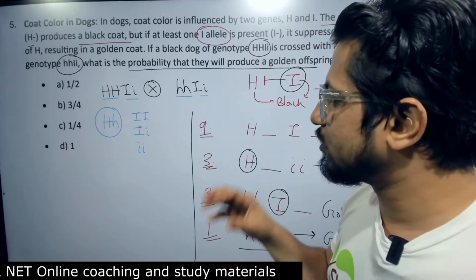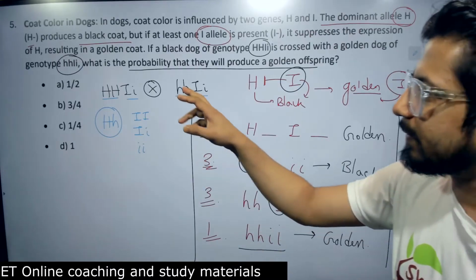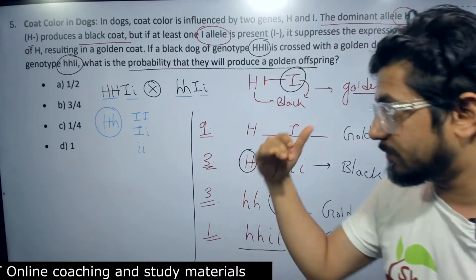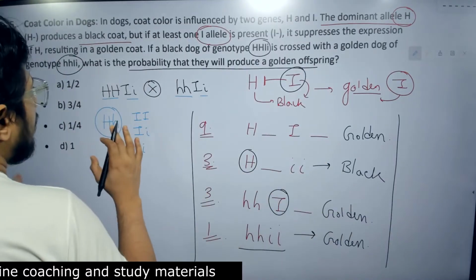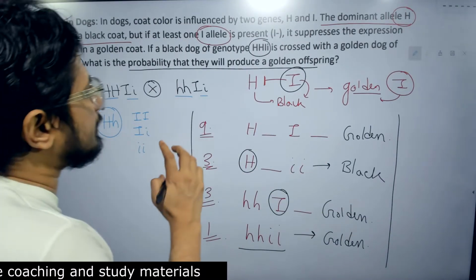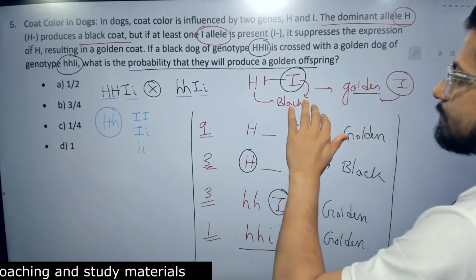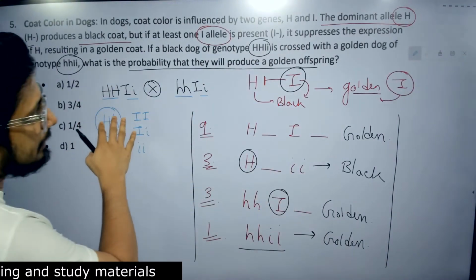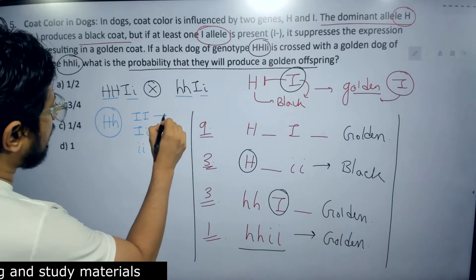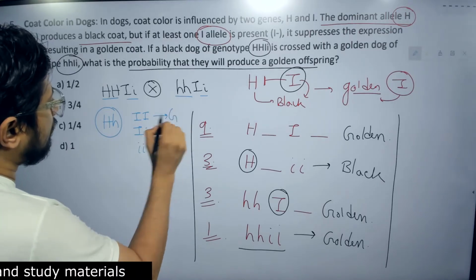Now the game changer would be the presence of capital I or not. If capital I is present in all these cases, that will lead to a golden offspring.